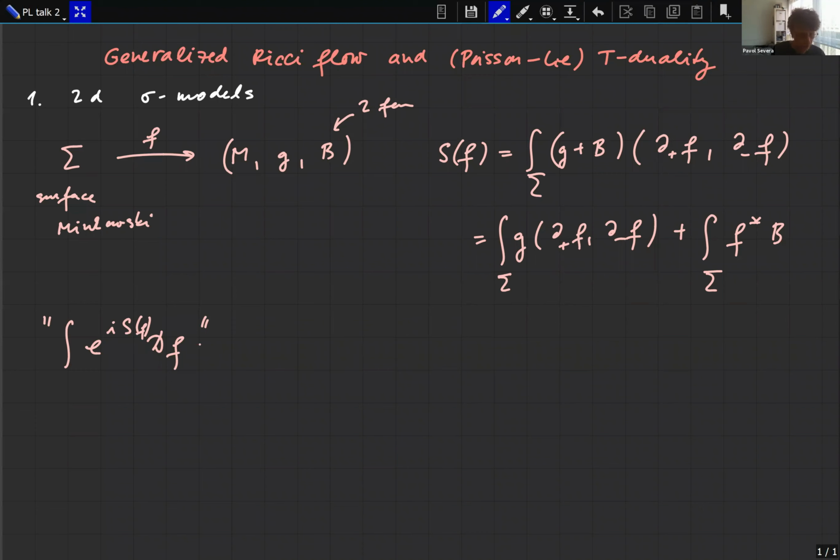To try to define this thing, one needs to introduce some regularization, so there is some scale entering into the game. So let me write: regularization.